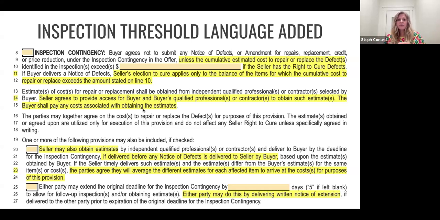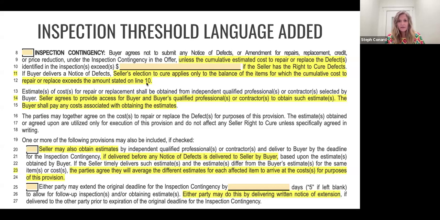So again, we've got 5,000 in here and $10,000 in repairs are needed, and the buyer decides to serve a notice of defects with all of that $10,000 worth of repairs listed, and the seller elects to cure, then that $5,000 is applied, and they are committing to taking on that first $5,000.